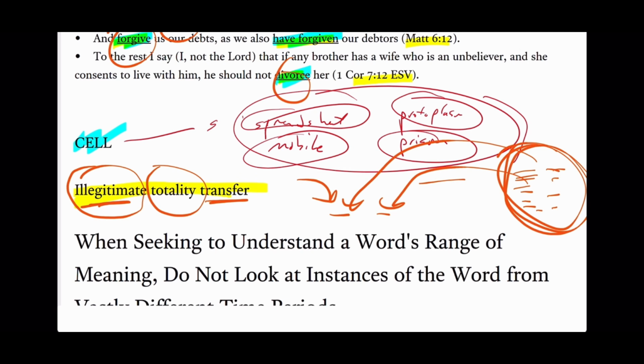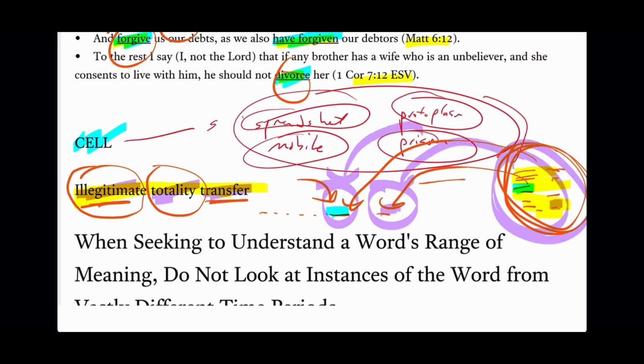The difficult work of carefully studying the text is noting how the context allows you to properly understand, here are all these definitions, which specific definition is being used here. Which specific definition does the author intend for us to understand intuitively from the context? Do not illegitimately transfer the totality of what a word could mean into each individual instance.